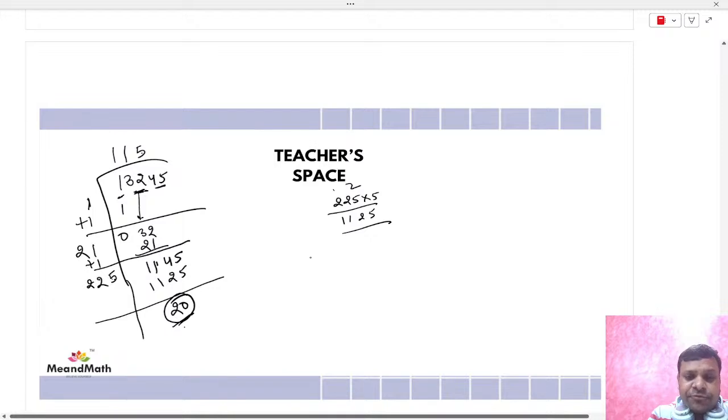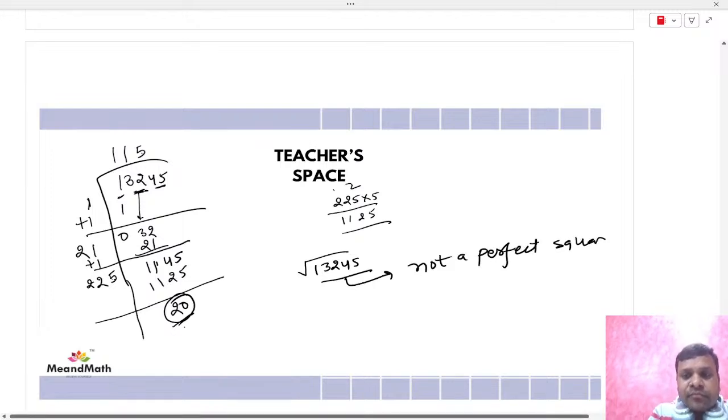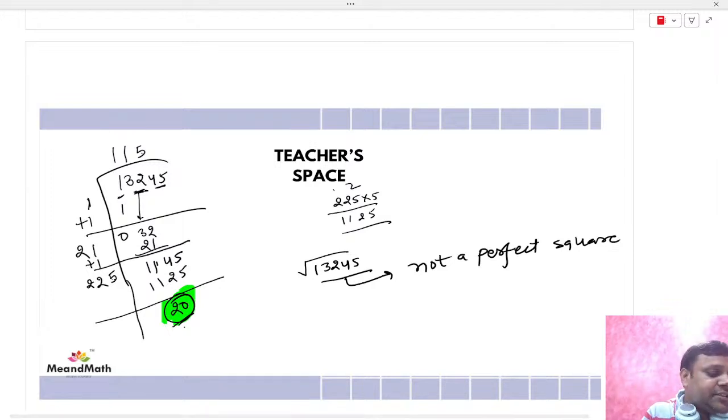So if you find the square root of 1 3 2 4 5, this is not a perfect square number. How much extra here? 20 extra here. So you have to subtract that 20.